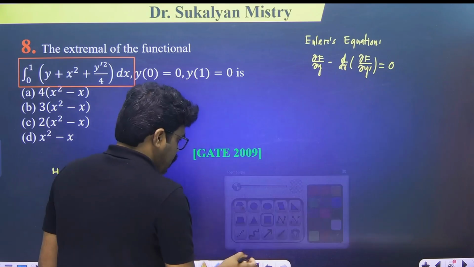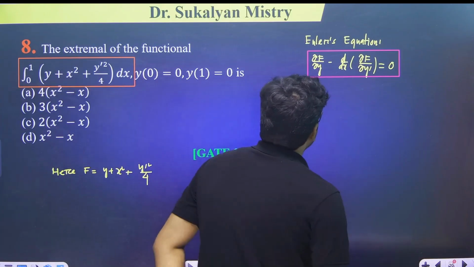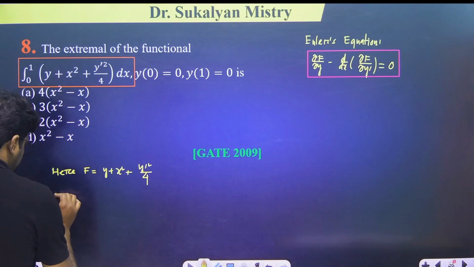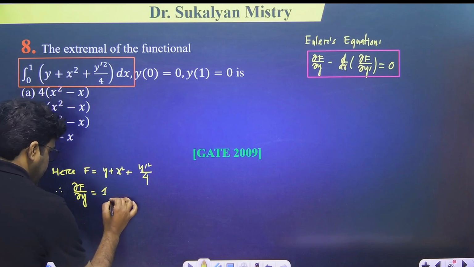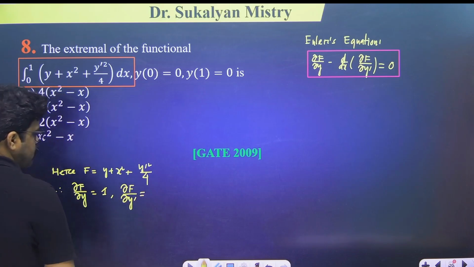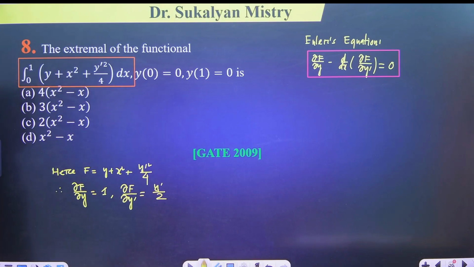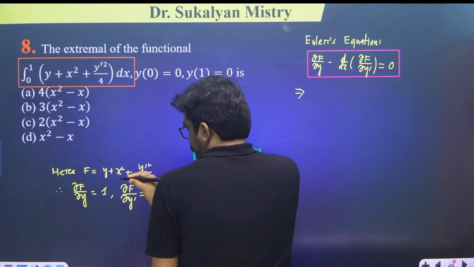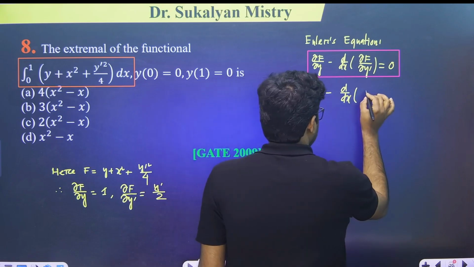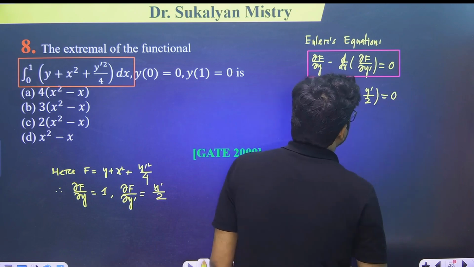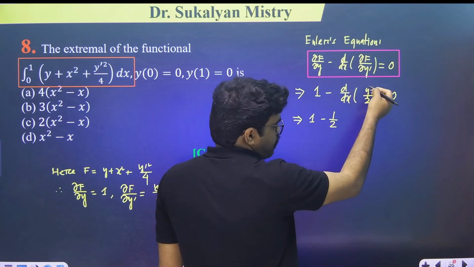So this is Euler's equation, right? So ∂f/∂y equals 1. ∂f/∂y': the x^2 term gives 0, and the rest is 2y'/4, that means y'/2. So this implies 1 - d/dx(y'/2) = 0, that is 1 - 1/2 times the derivative of y', that is y''.